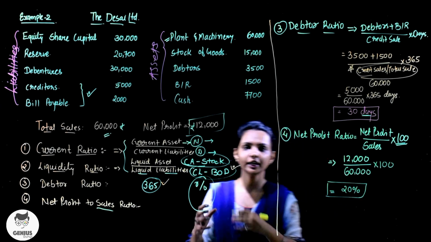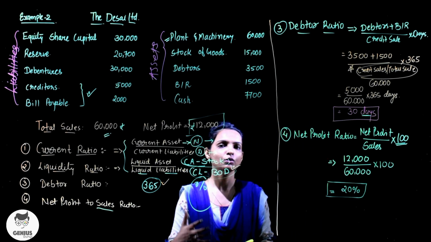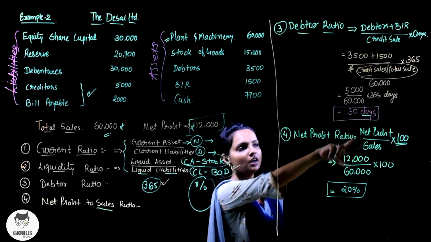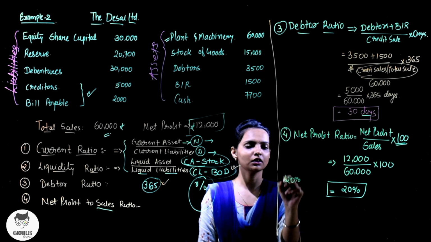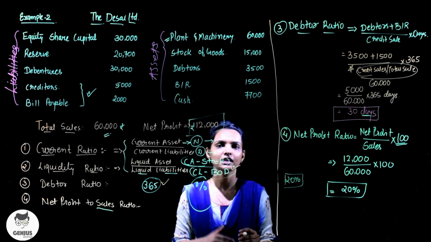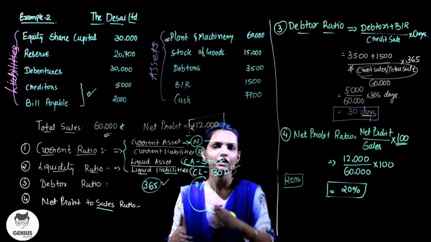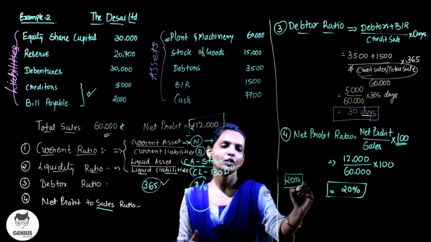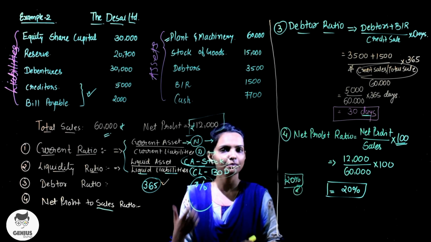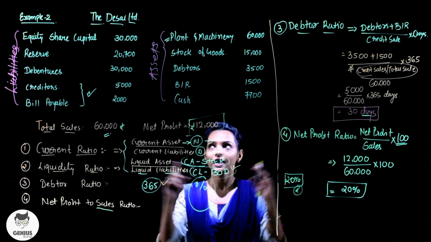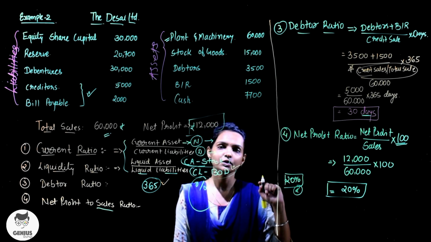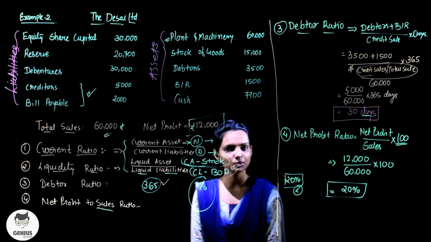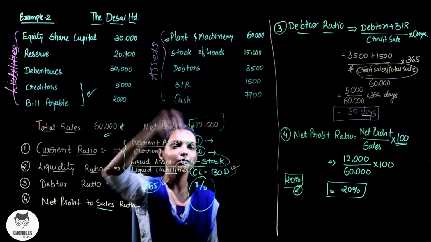Now if I want to interpret my answer, this ratio is showing that I have earned 20% profit. If my sale is 100 rupees, from that 100 rupees I will get 20 rupees as profit. So this is the entire sum, and the last ratio is 20%, and it's showing a very satisfactory result for Desai Limited.